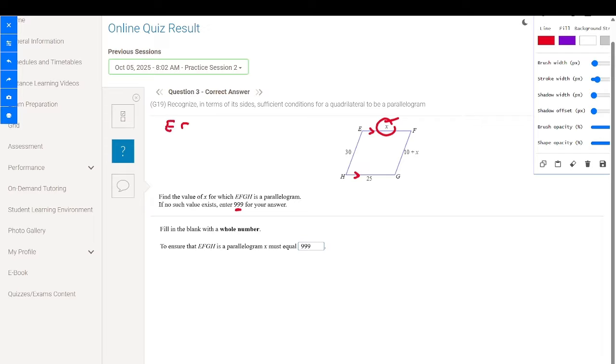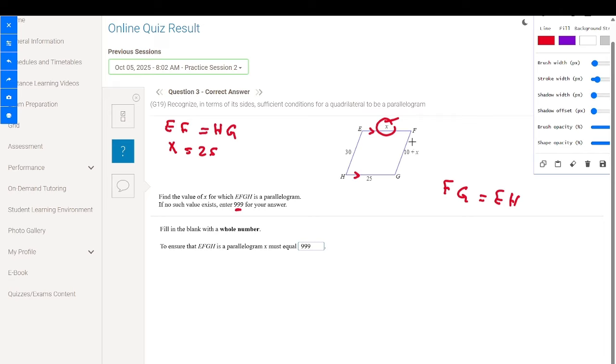We have EF equal to HG, and x, so EF, x equal to 25. So in a parallelogram, opposite sides are equal. It means EF is equal to HG and also FG will be equal to EH.